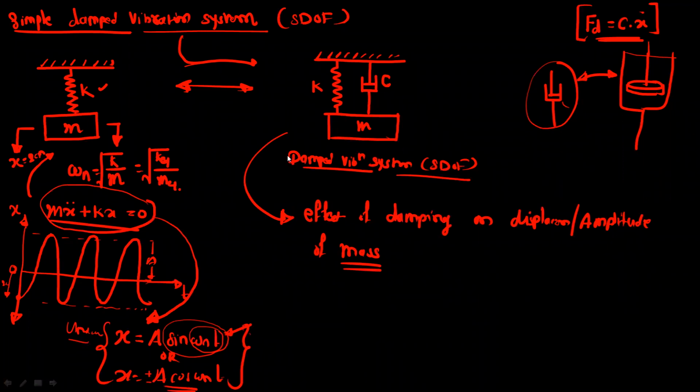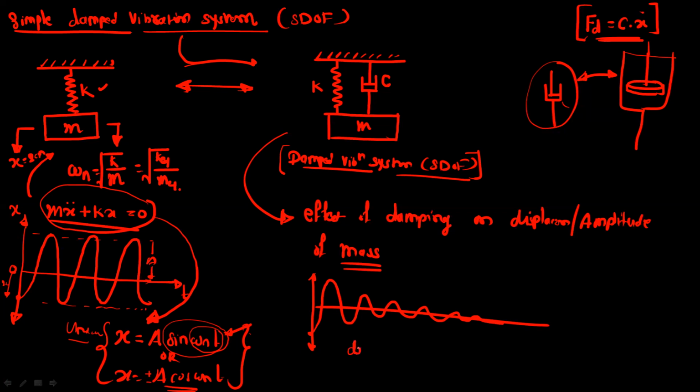Similarly, when we add the damper to the system, we know that we will not get such a waveform. We will get this waveform. This is the reducing waveform, and after some time, the system, that is the mass, will become stable.